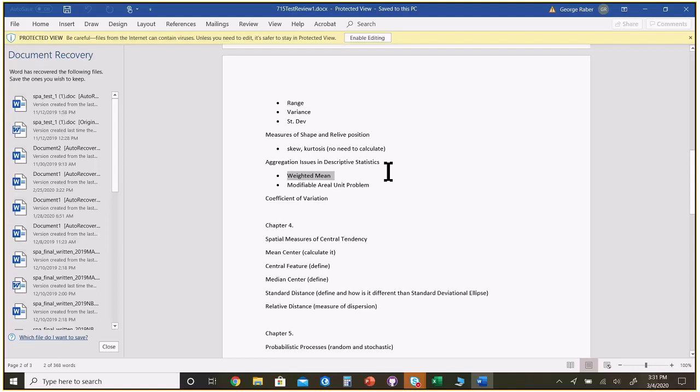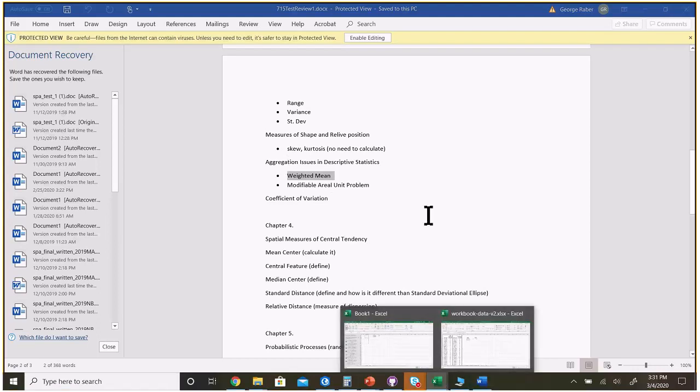Basically you multiply each observation by its weight to get a weighted value, and you calculate the average of those values by dividing the total of the weighted values by the total of the weights. So go look that up.